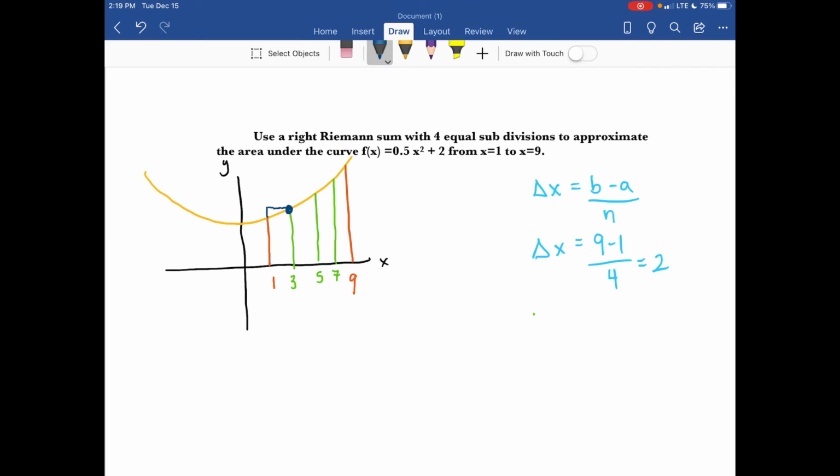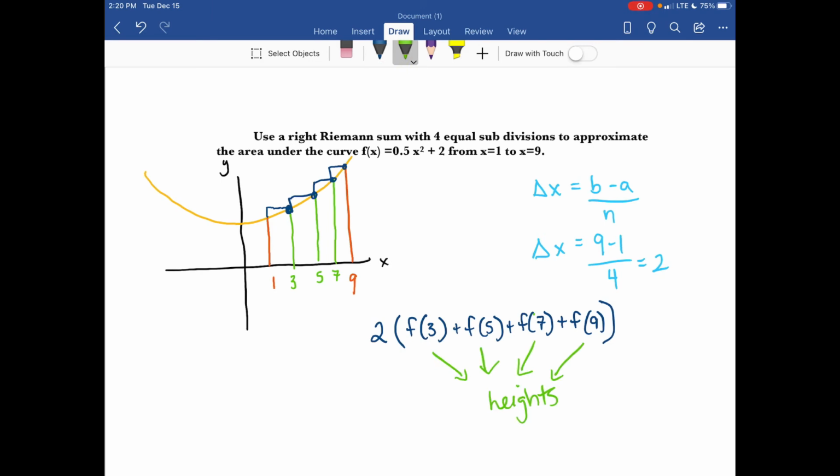So we can write our summation with our delta x outside of the parentheses, and within it, f of 3 plus f of 5 plus f of 7 plus f of 9.